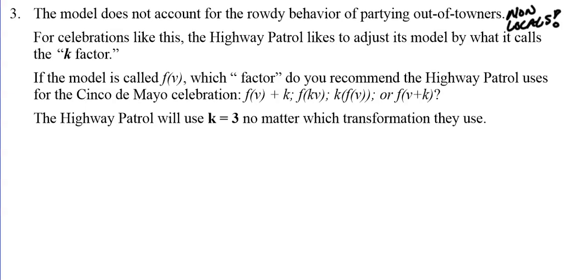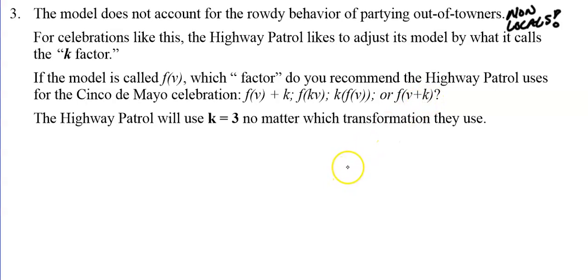So which one do we recommend? Are we going to recommend multiplying the whole function by K, multiplying K by v, or just adding K to the function, so that'd be v plus K in essence?